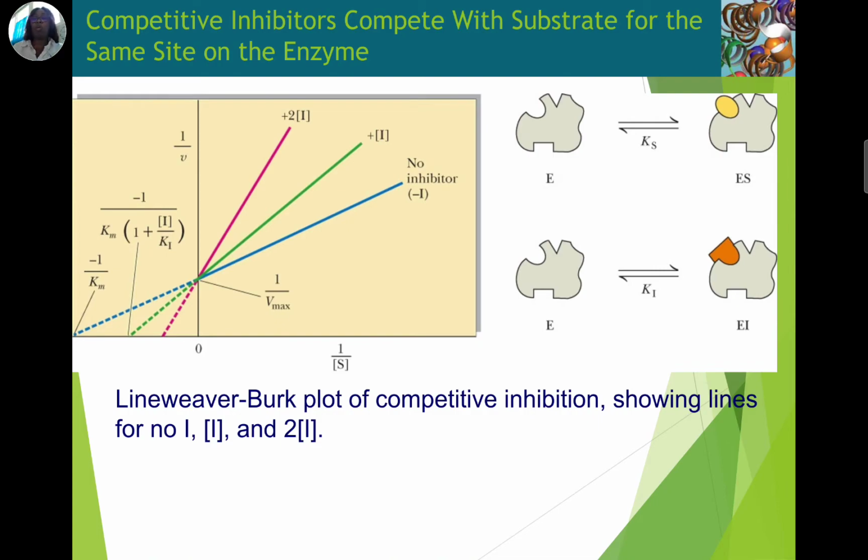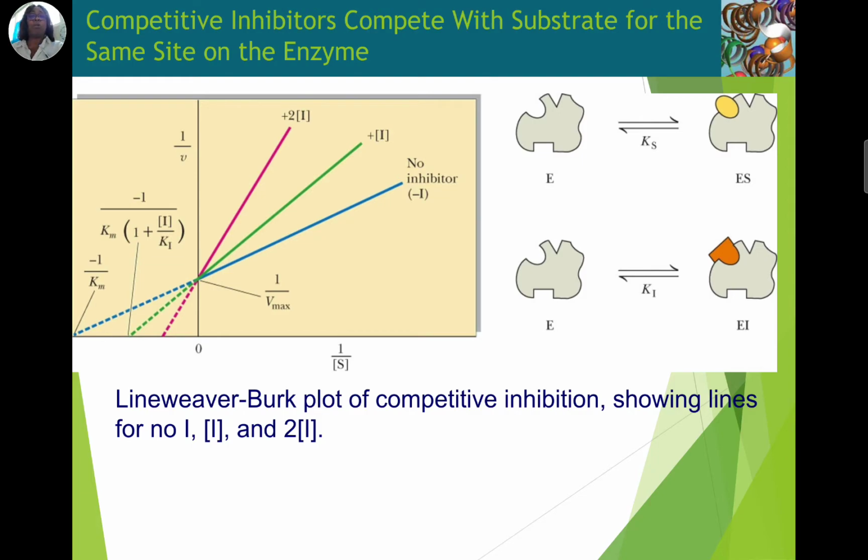Now you recall we looked at plotting enzyme activity with Michaelis-Menten, Lineweaver-Burk, and Hanes-Woolf. If we plot enzyme activity with no inhibitor, you'll see that we get this blue line. If we plot it with an inhibitor at a fixed concentration, we get the green line.